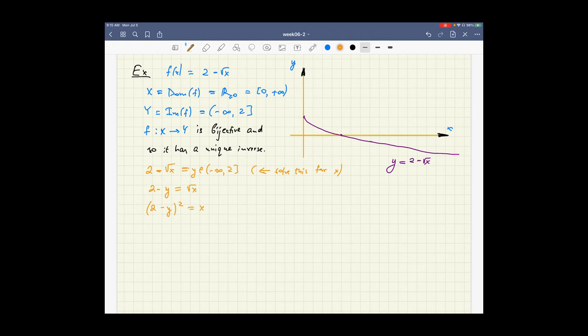If we interchange x and y, we see that f inverse of x is 2 minus x squared, or which is the same x minus 2 squared.